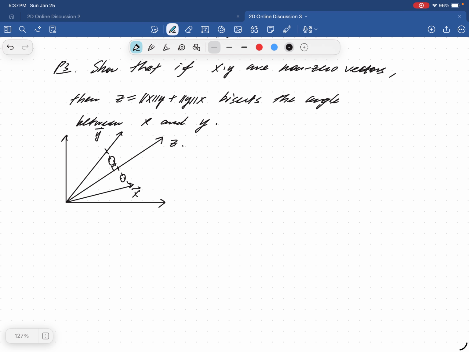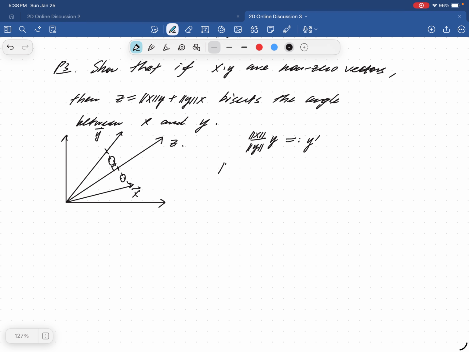Great, so let's now make x and y the same length. How do we do that? We can rescale y. So consider norm x over norm y times the vector y. Let's set this to be y prime.